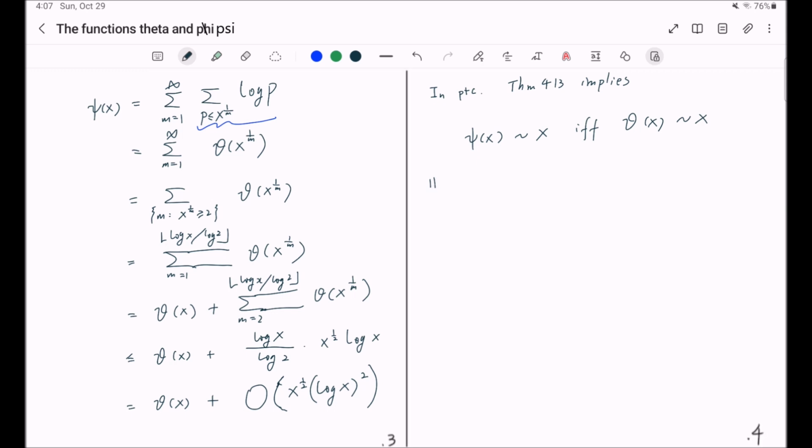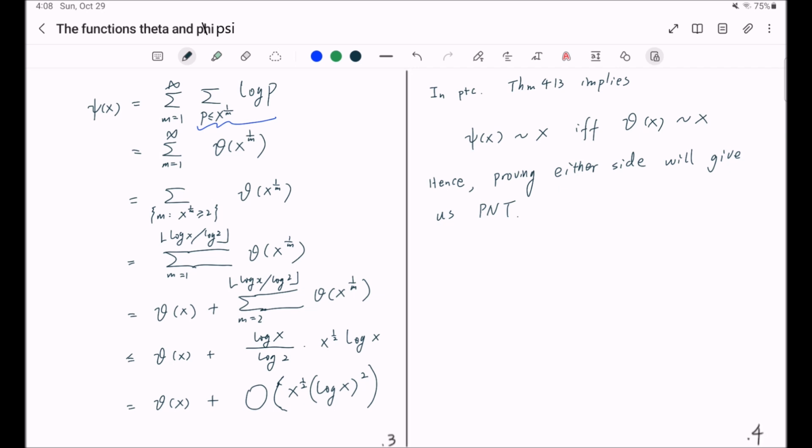And hence, proving either side of this equivalence will give us the prime number theorem. But this is highly non-trivial.